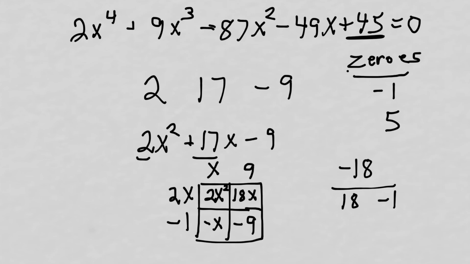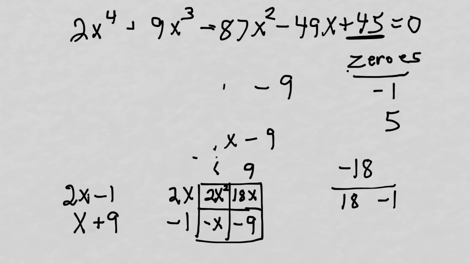All right, so this is 2x plus 1, or I'm sorry, I made a mistake. 2x minus 1, and this is going to be x plus 9. Let's double check these. X times 2x equals 2x squared. 9 times 2x equals 18x. 9 times negative 1 equals negative 9. X times negative 1 equals negative x. All right. So now all we have to do is solve for those.